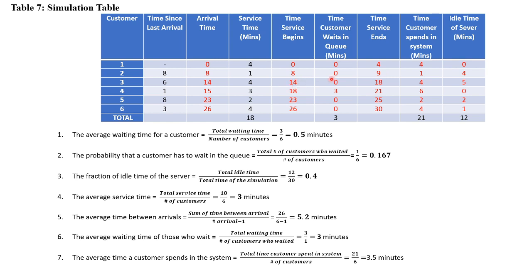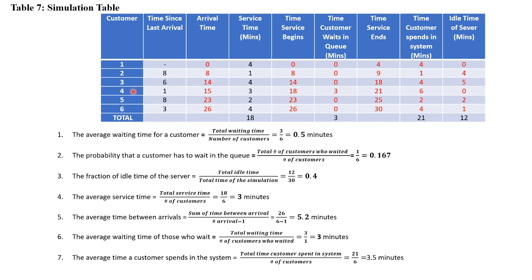So 14 minus 9 gives us 5. So for 5 minutes the server was waiting until customer 3 came into the system.